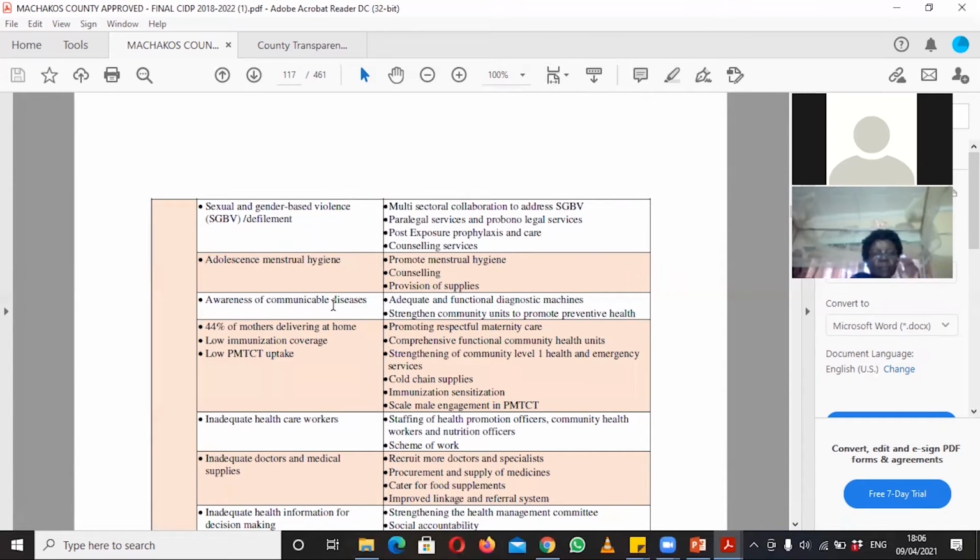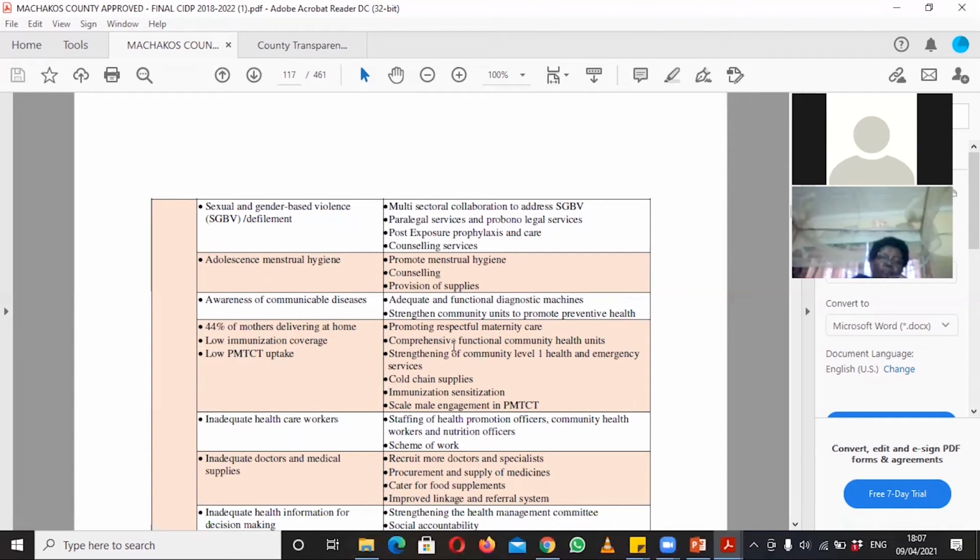And then awareness of communicable diseases, adequate and functional diagnostic machines, strengthen community units for preventive health. So they're saying that 44% of mothers are delivering at home, and there's low immunization coverage and low PMTCT, prevention of mother-to-child transmission, uptake.